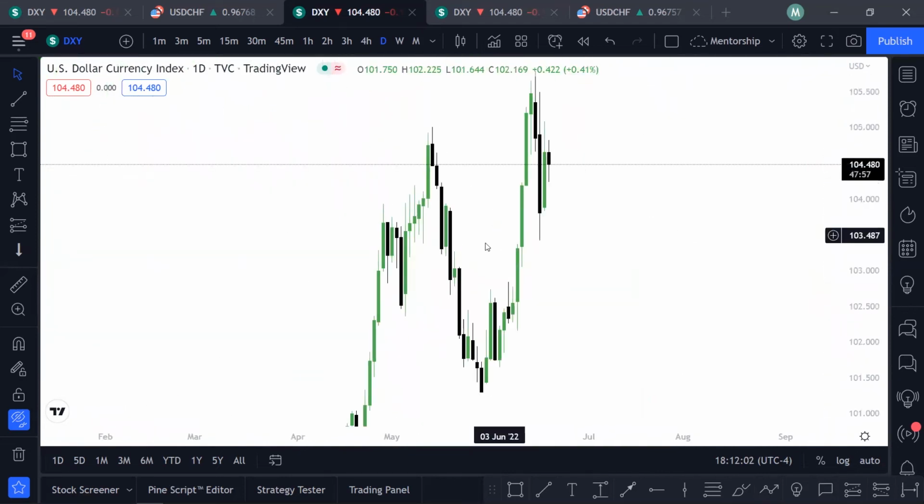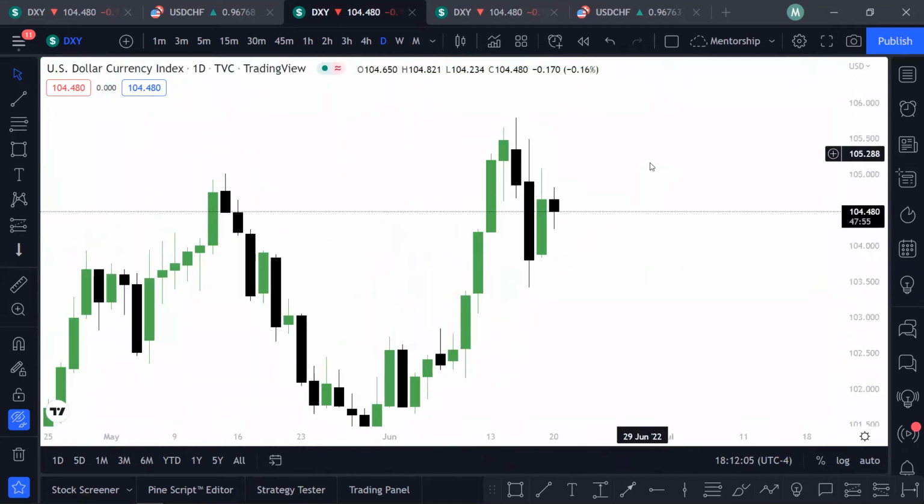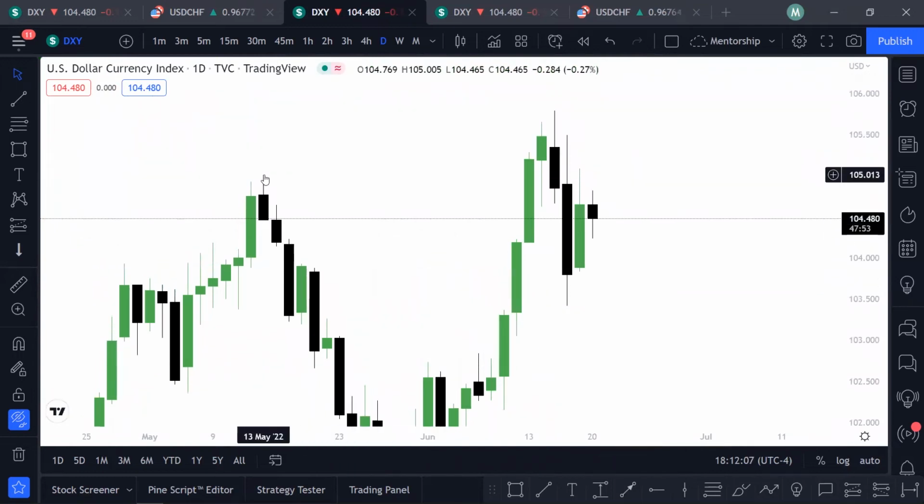So the daily time frame right here. We trade above this high this day, June 13, June 14th.